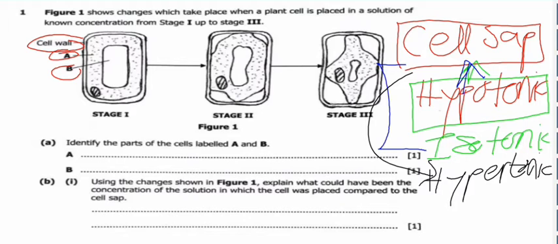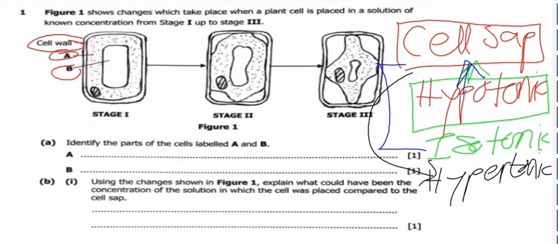Now, according to the appearance of the cell from stage 1 up to stage 3, the cell membrane has been pulled out from the cell wall, which means the cell was undergoing plasmolysis.